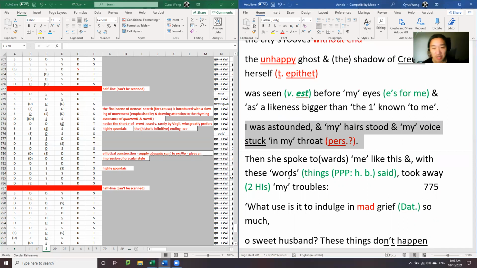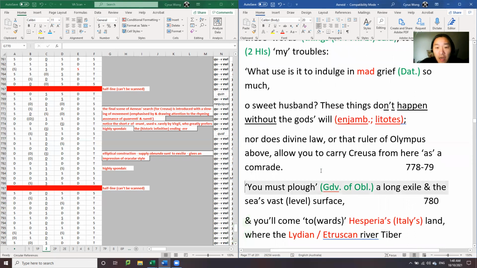So it's not a technique as such, but some sort of construction, more scansion or vowel related. And lastly, just like we had before, elliptical construction, another random thing, drawing attention to what is in that line. And that is what Creusa says Aeneas must do. So it gives the impression of oracular style.